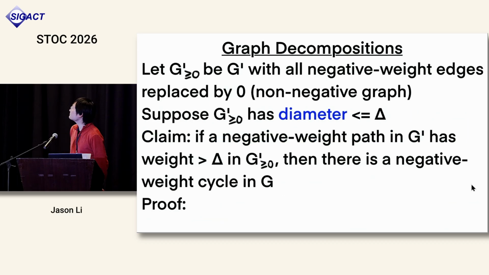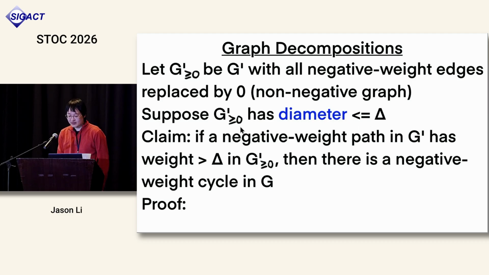Okay, so given this setting where we have this graph G prime, let's now prove a combinatorial property of this graph G prime as follows. Let's first define the graph G prime at least 0 to be the graph G prime with all negative weight edges replaced by 0. So replace every single negative edge by 0. And here's a combinatorial property that we want to show.